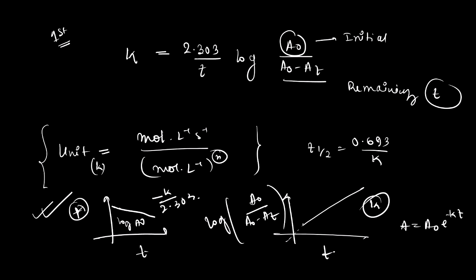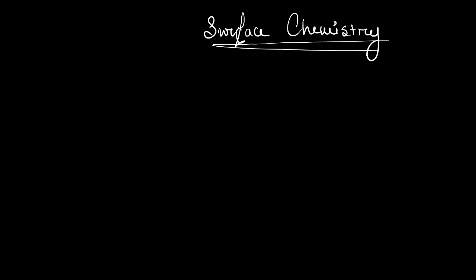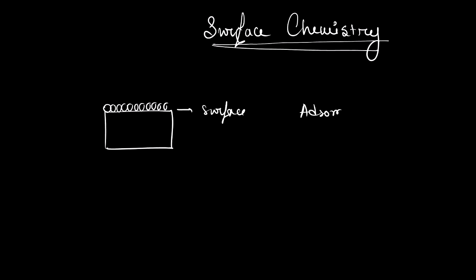Next I will shift towards the next chapter, surface chemistry. In surface chemistry, the thing is on the basis of adsorption. In adsorption, we have a substance, and above that another substance gets adsorbed, and this is completely a surface phenomenon. The word adsorption can't be a bulk phenomenon, it's always a surface phenomenon.